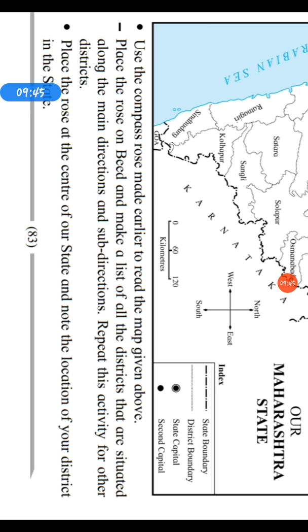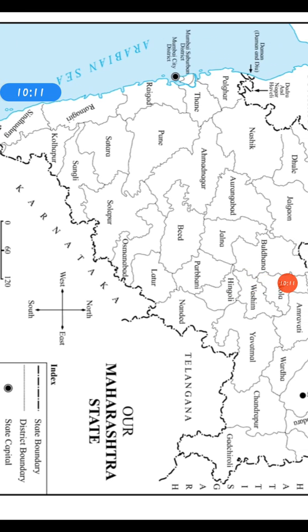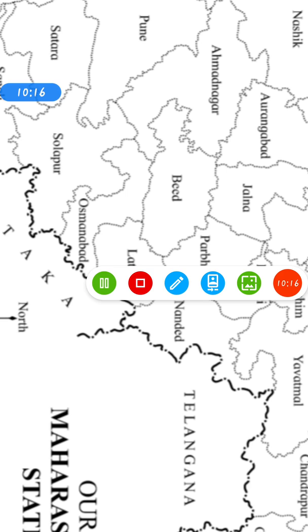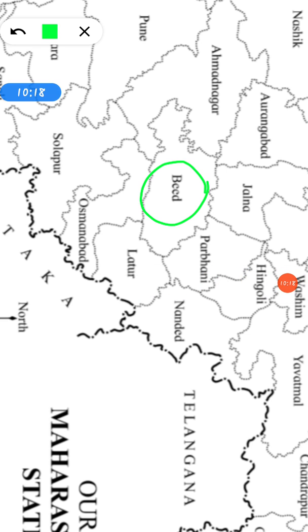Now what is the question asked? Place the compass rose on Beed. Beed is a district. Make a list of all the districts that are situated along the main directions and subdirections. Repeat this activity for other districts. Now let's see the Beed district. Where is the Beed district? See, this is Beed.